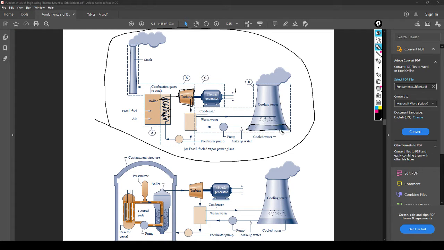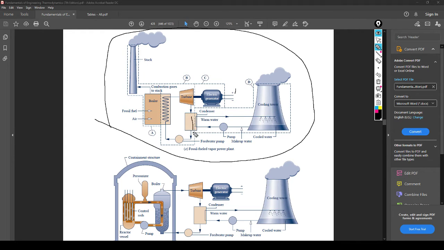The water condenses out, like a pool down here, and then it goes back in. That's all a cooling tower is. It's a way of cooling the working fluid, which is the same thing as having a lake here. You just run water in a circuit.